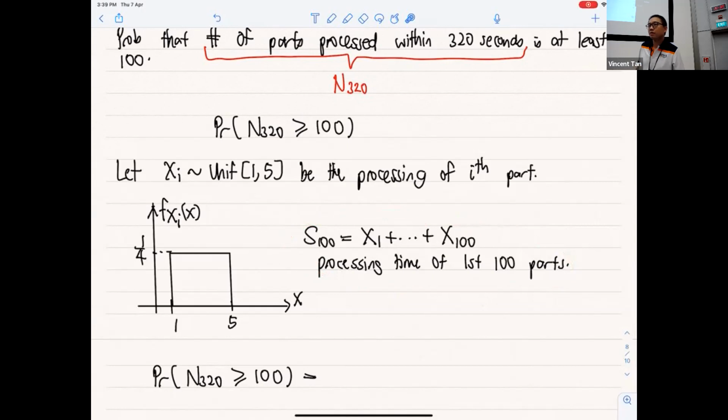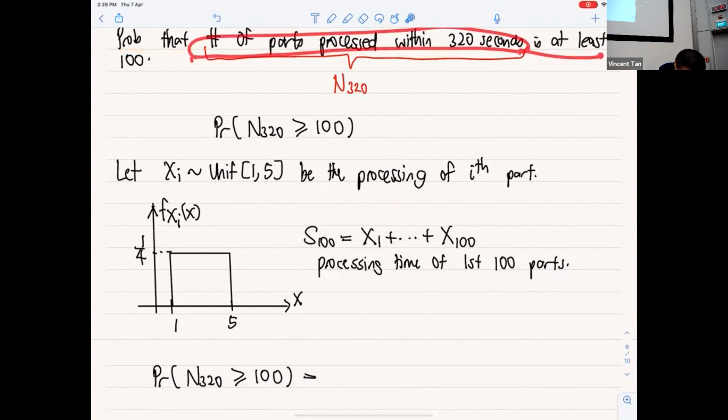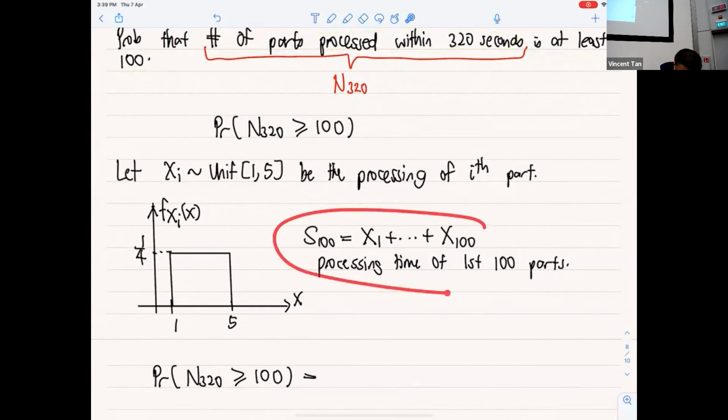What do you think? A lot of things happening here, that's why it's a bit confusing. We want the probability that the number of parts processed within 320 seconds is at least 100, and we have this notation here, the processing time of the first 100 parts.